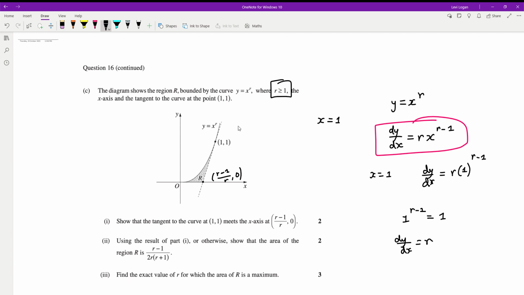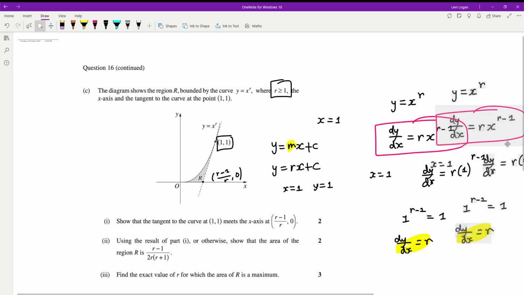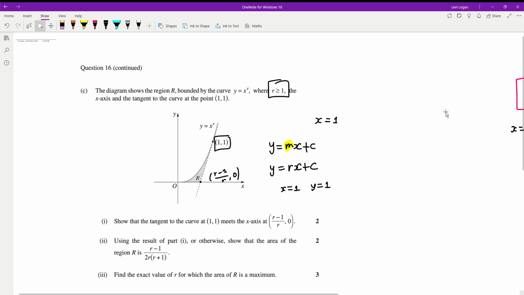So if our tangent line takes on the form y equals mx plus c, we know what that gradient is at that point there. It's r. So all we've got to do is substitute that in: y equals rx plus c. Now, to find this c, we need a point on our curve, which we have right here. So when x equals 1, y also equals 1. Substitute that into this equation, and I'm just going to move this out of the way now, because we don't need that anymore.